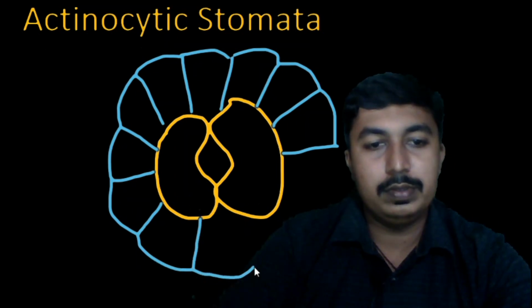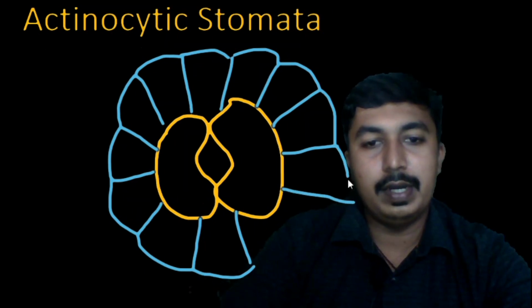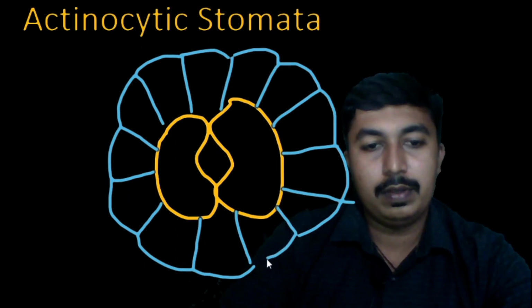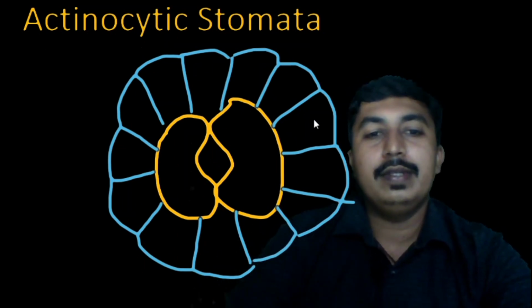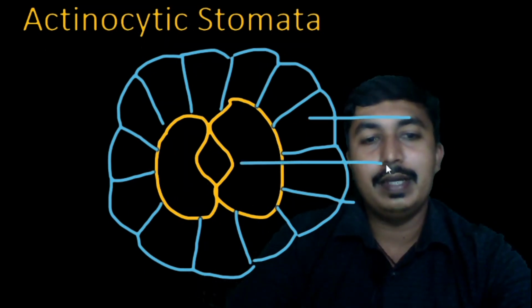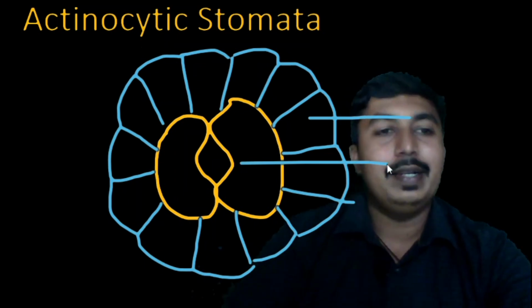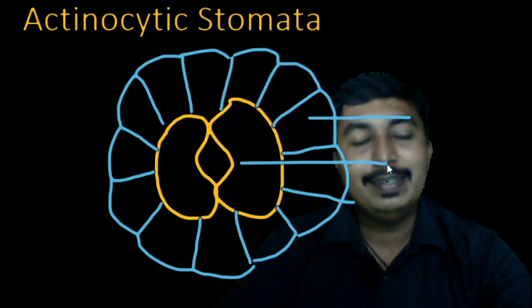around the two kidney shaped guard cells. So this is your actinocytic stomata, where the subsidiary cells are radially arranged around the guard cells. One example of a plant is Buchanania lanzan Spreng.